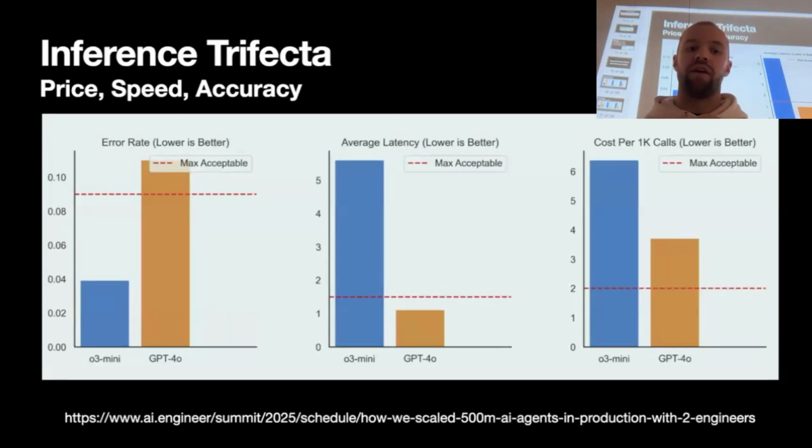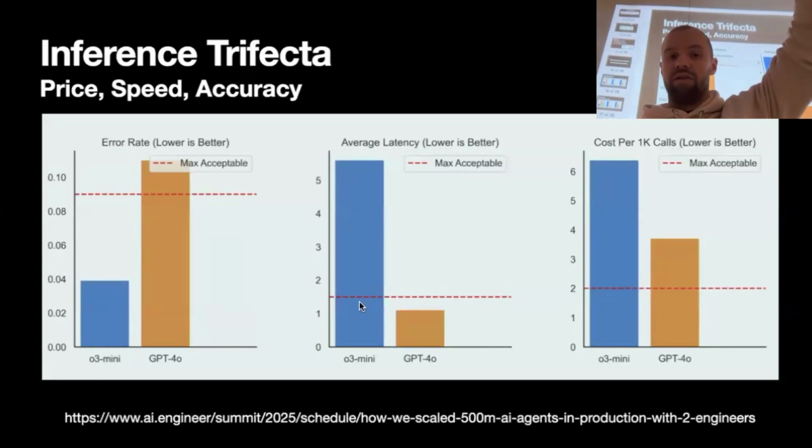And so what they're doing here is showing, okay, what's the error rate of O3 mini and what's the error rate of GPT-4o on your specific task, and then drawing a line of what the max acceptable error rate would be. Then they have latency, which also lower is better. And so you can see O3 mini makes fewer errors, but is much slower, right?